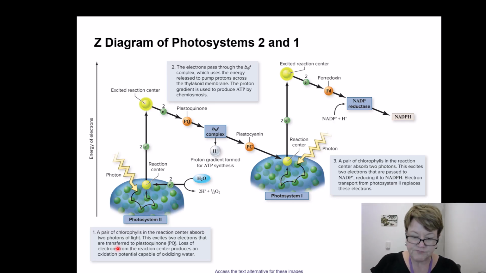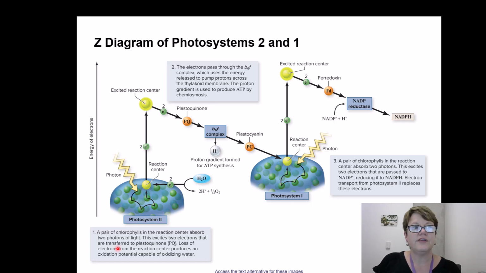They're actually staying with the membrane, and they're being passed down an electron transport chain that is a group of embedded proteins or transmembrane proteins embedded in the thylakoid membrane. But when you draw the picture and you indicate the level of energy that the electrons have at any point in this process, then you end up with something like this.